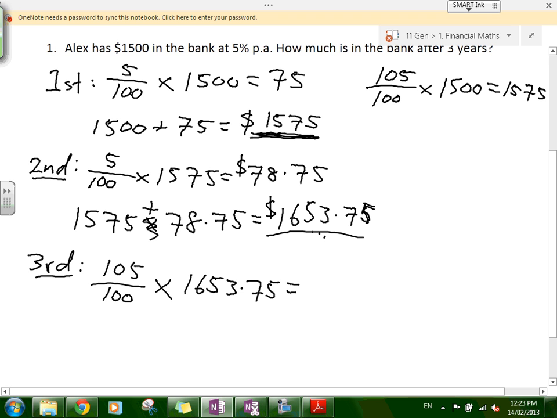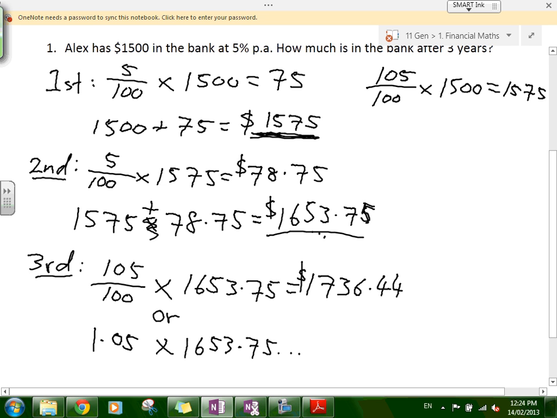Tell me what it is. You can actually also do 1.05 times 1,653.75. It's the same. So that's how much is in the bank after 3 years.